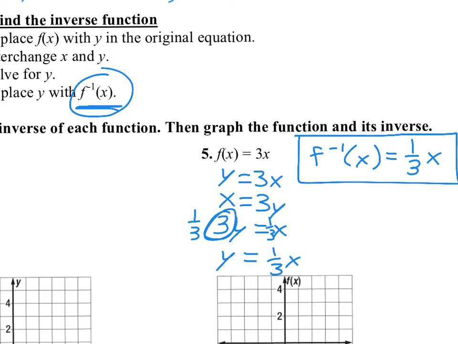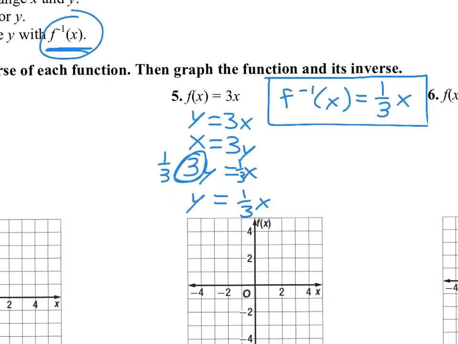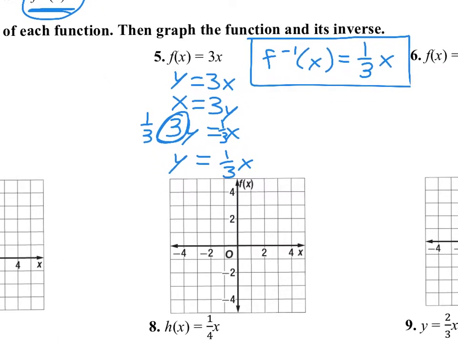Alright, so now they want us to graph the function and its inverse. So going to my graph, the original has a slope of 3 and a y-intercept of 0. If you recall slope-intercept form, y equals mx plus b.